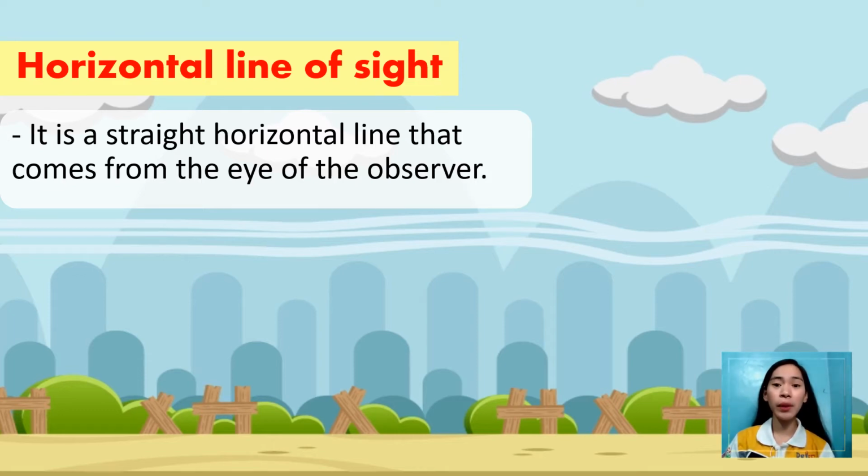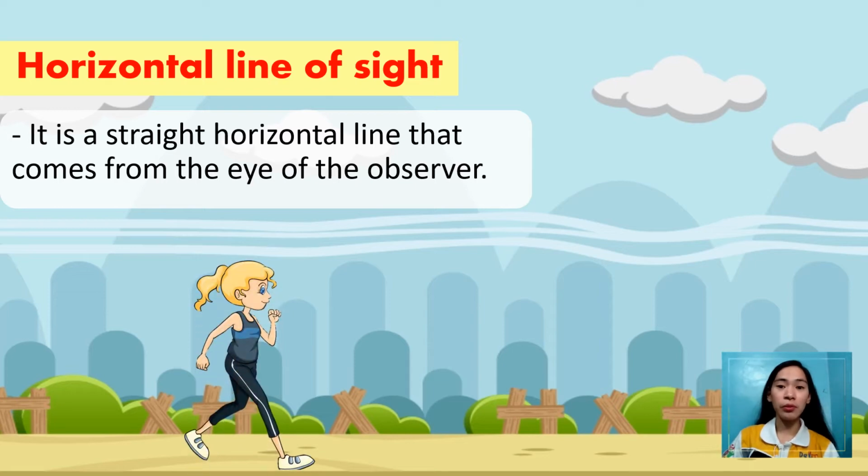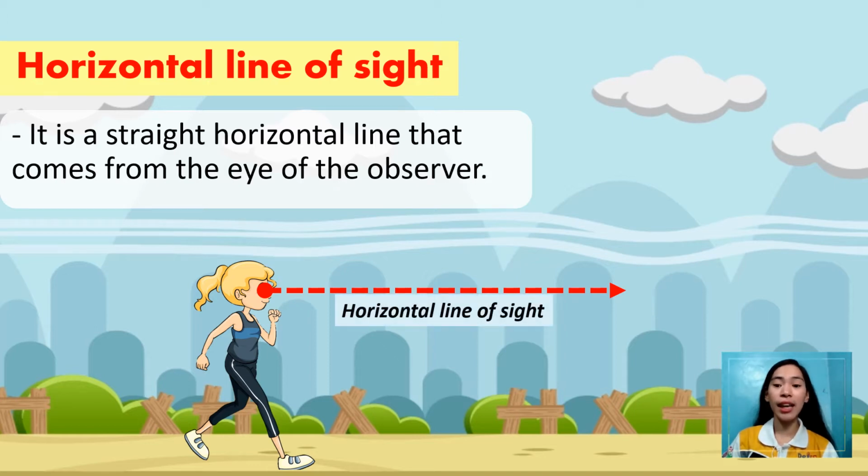So if we are going to draw the horizontal line of sight, suppose we have this observer. From her eye, we are going to draw a straight horizontal line. So that is our horizontal line of sight. This is the origin of the angles of elevation and angles of depression, depending on our next term.